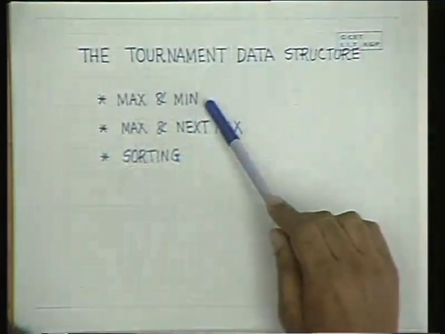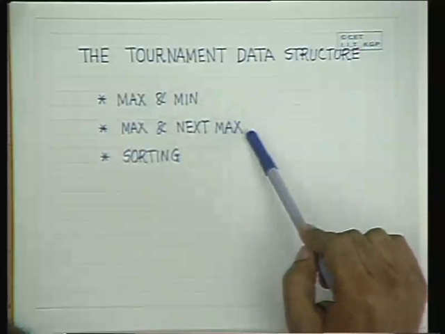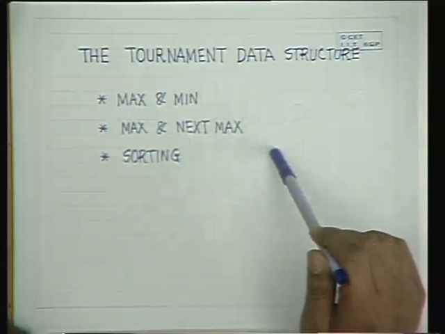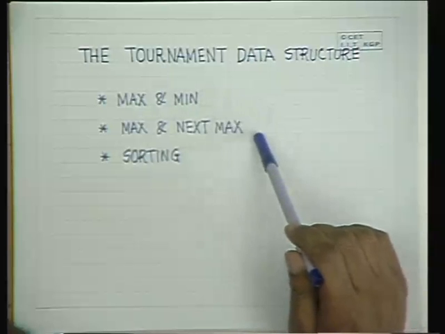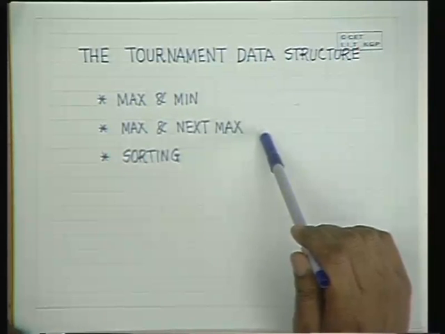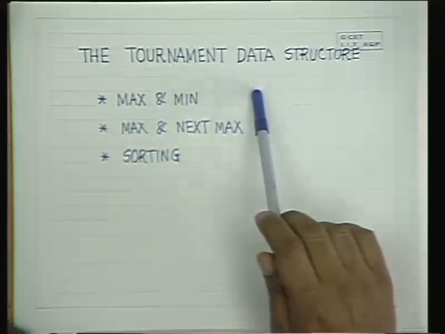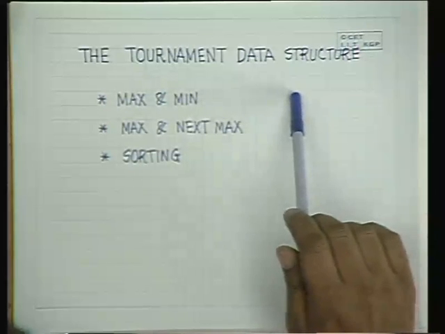We shall continue our discussion on the tournament data structure. In the previous two classes we had studied the following two problems: the max and min of n integers, and the max and the second max, or the largest and the second largest, of n numbers. And we saw that to solve these two problems we imagined a structure of a comparison tree, which we called a tournament structure.